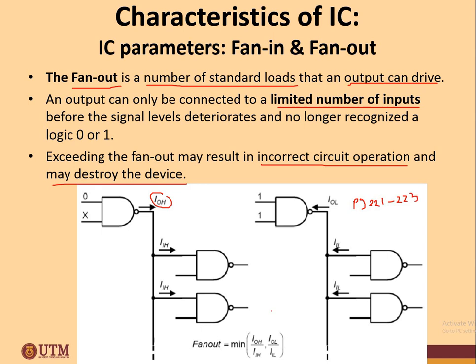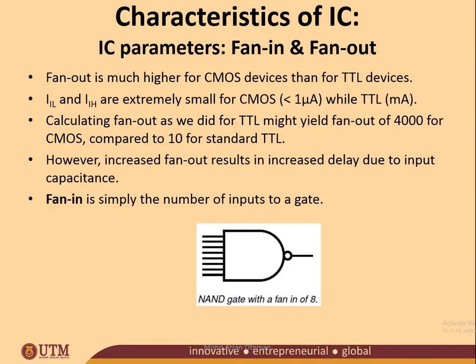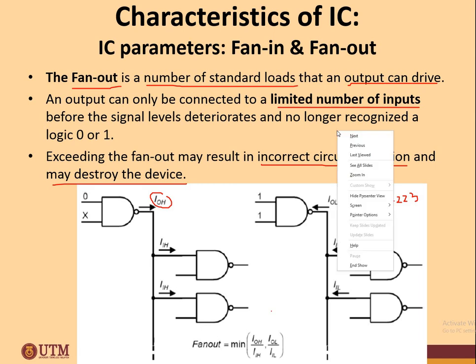But like I told you, you need to read all of the chapter. So for example, for a standard TTL, the main parameter is that VIH equals 2 volts, so your IIH is 40 microampere. Okay, so we go to the next slide. For example, VIH is 2 volts, so your IIH, I just put the value here.